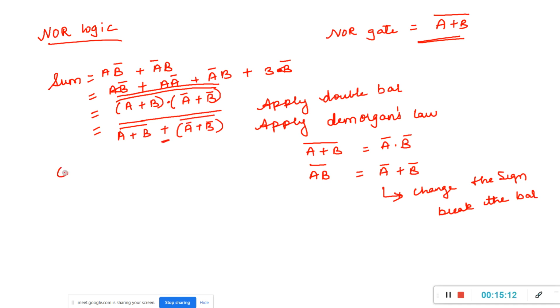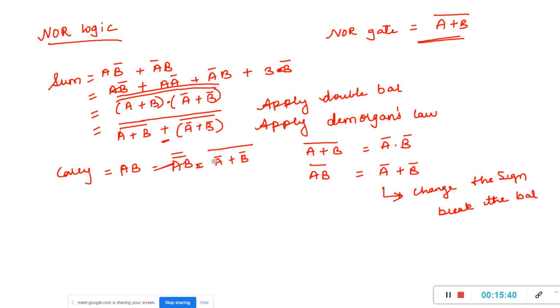Okay, so carry can be rewritten as AB. It was AB, right? Carry expression. So it is AB double bar, which can be rewritten as A bar plus B bar whole bar.